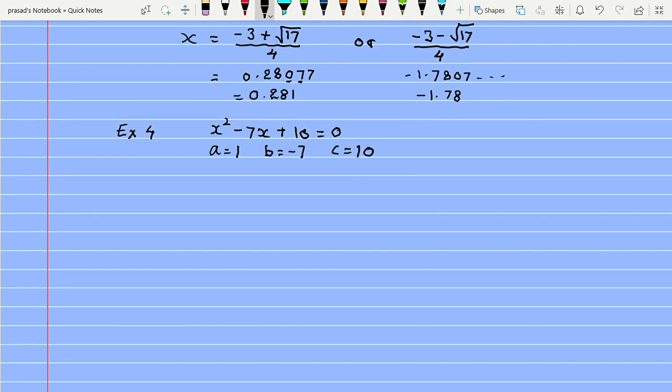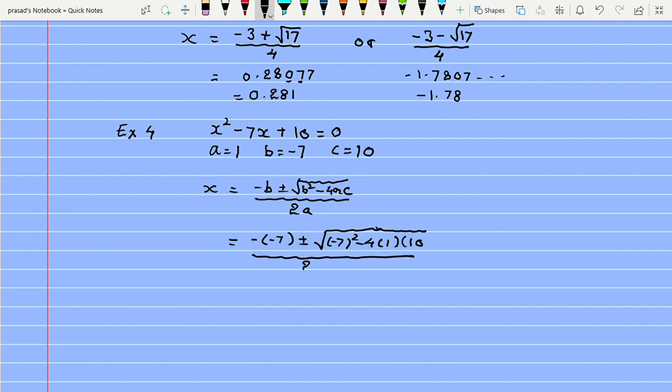So x is minus b plus or minus root b square minus 4ac upon 2a. So minus b, that is negative of negative 7, plus or minus root b square, negative 7 the whole square, minus 4, a is 1, c is 10, upon 2a, that is 2 into 1.